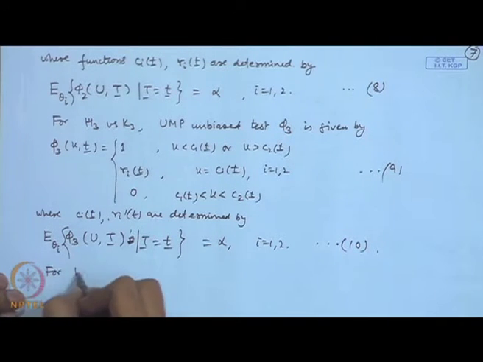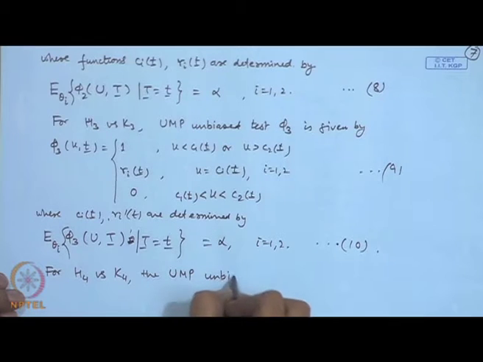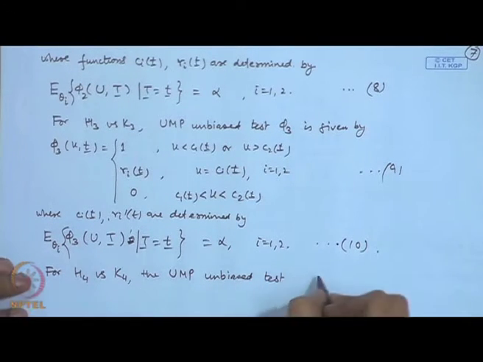For H 4 versus K 4, the UMP unbiased test that will be phi 4.